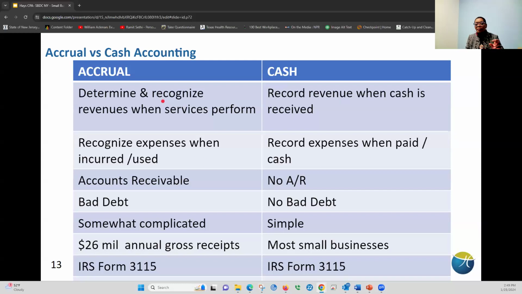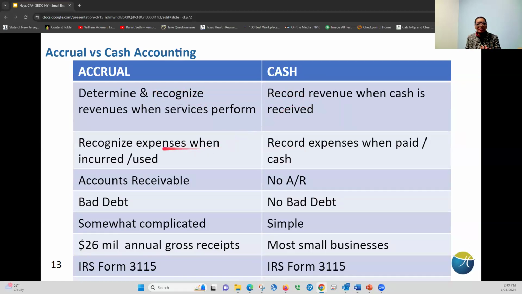For accrual, basically, when you provide the service, so construction places, right? They're building a building in phases. Once they complete phase one, they can bill the client for that. Even though the client hasn't paid, they will accrue their revenue. So they're saying that they've earned 100,000 or 200,000 for the work they did, even though they haven't gotten paid. So that's the main difference.